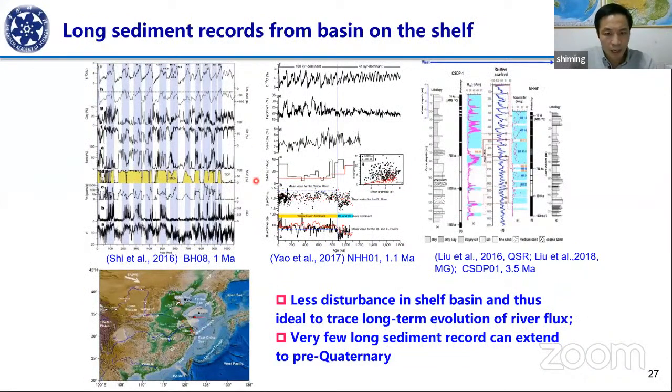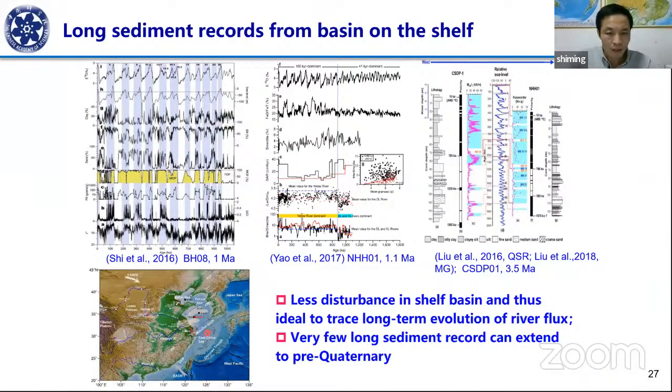In comparison with the river mouth, the basin on the shelf is more stable with less disturbance, and thus ideal to trace the long-term evolution of river flux and river evolution.